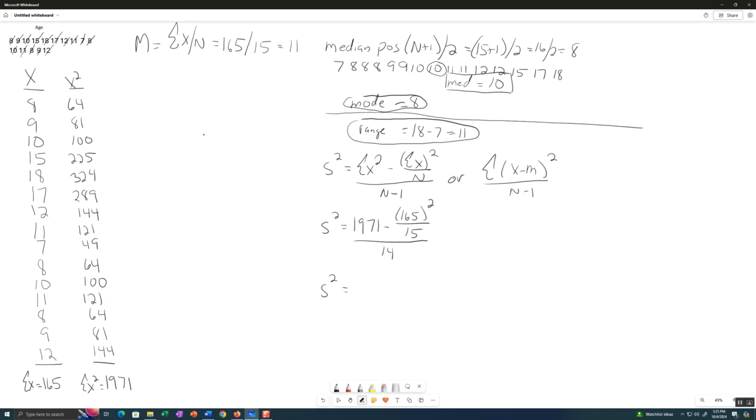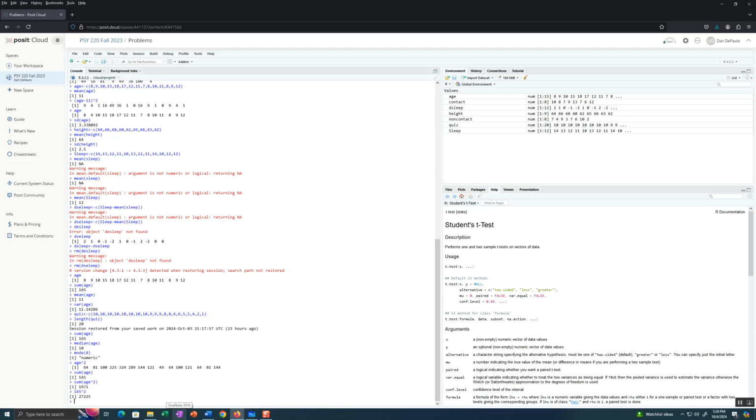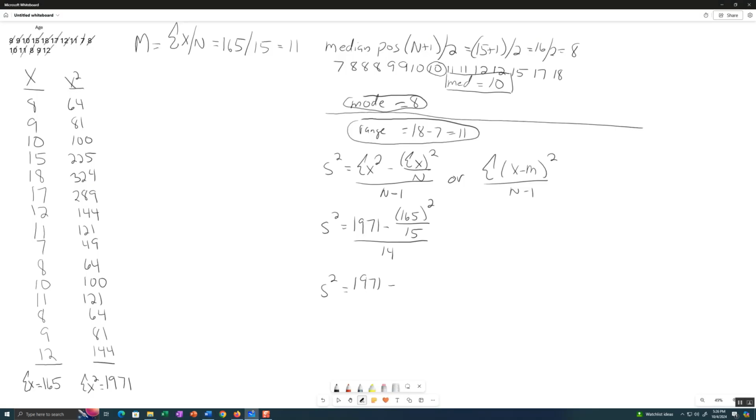So let's simplify that. 1971 minus 165 squared over 15. I obviously can't do that in my head. 165 squared, 27,225. Over 15, all over 14.